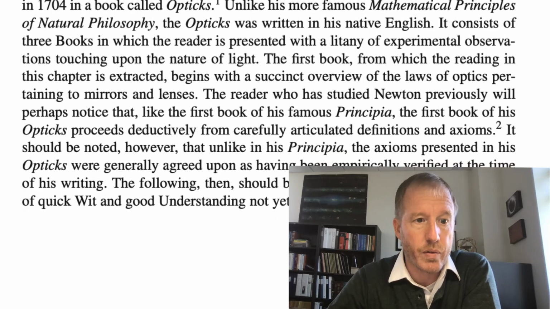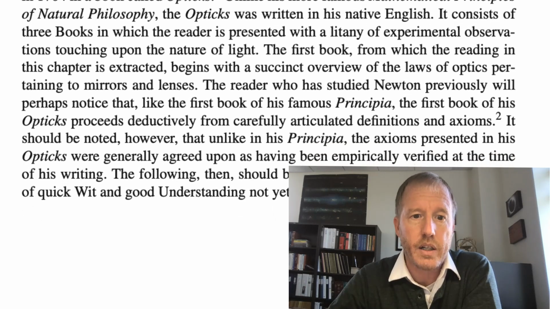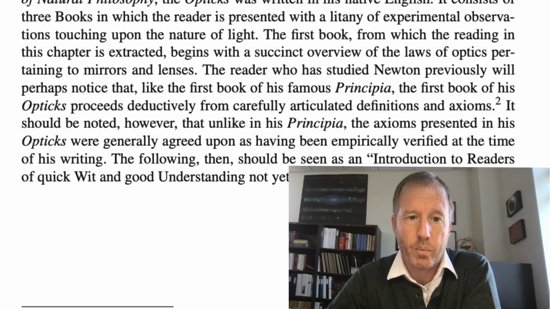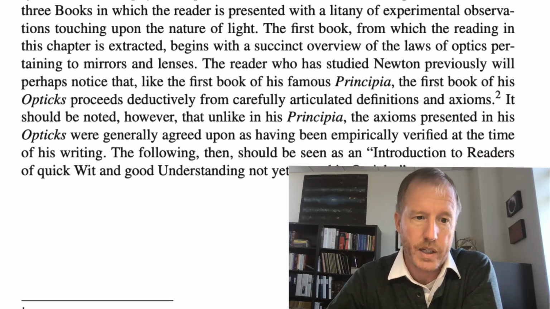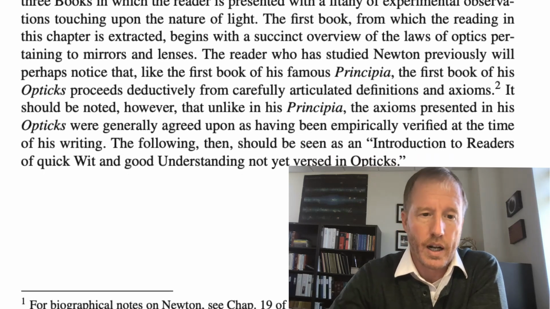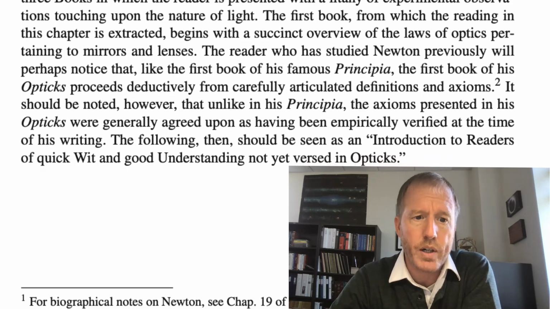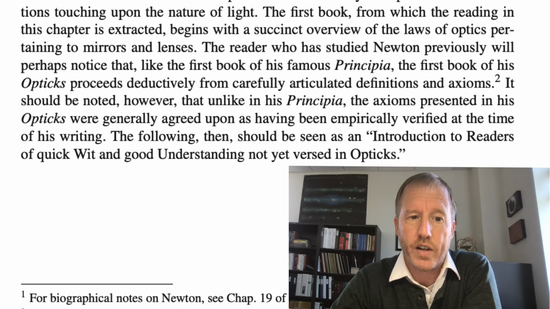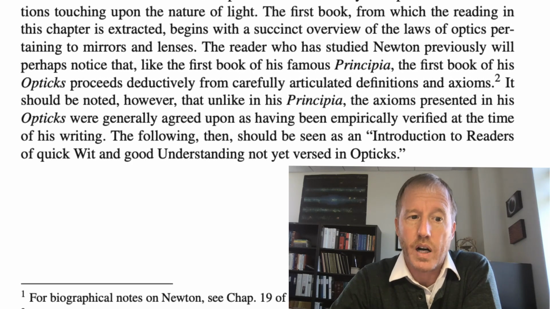It consists of 3 books in which the reader is presented with a litany of experimental observations touching on the nature of light. The first book, from which the reading in this chapter is extracted, begins with a succinct overview of the laws of optics pertaining to mirrors and to lenses. The reader who has studied Newton previously will perhaps notice that, like the first book of his famous Principia, the first book of his Opticks proceeds deductively from carefully articulated definitions and axioms.